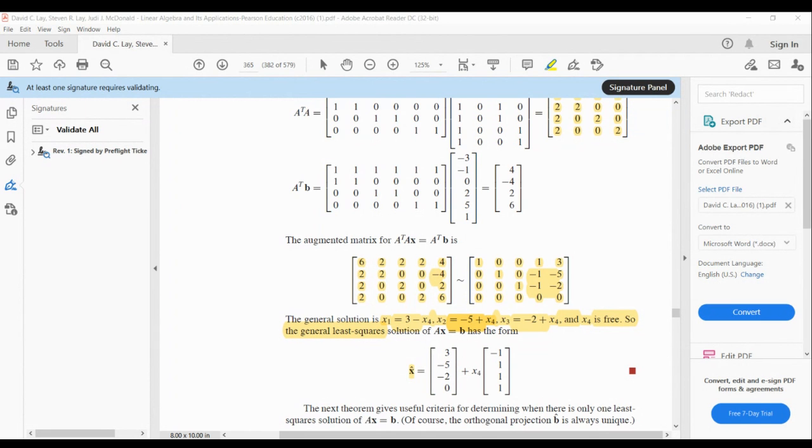We have multiple least squares solutions and multiple vectors that are equally close to the vector b.